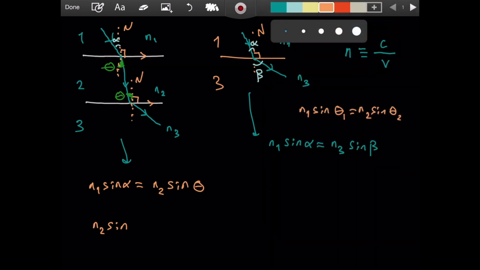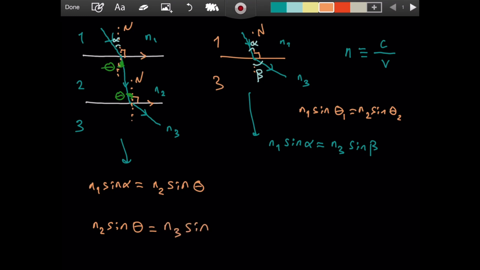Alright, so I'm using that to say n2 sine theta here is equal to n3 sine of this guy, which we can call question mark. So we have sine of question mark. Well, look at this.